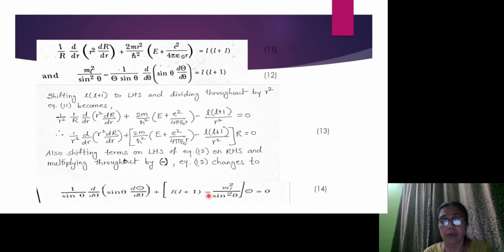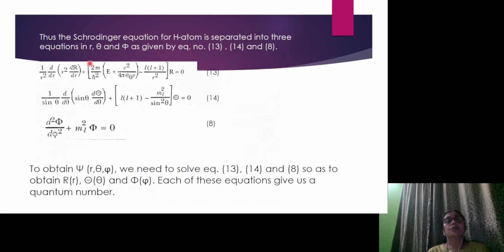So thus we have separated the Schrodinger's time independent equation, which was containing 3 variables, into 3 differential equations. This is our r equation, we have rewritten it here. This is the theta equation rewritten and this is the phi equation.